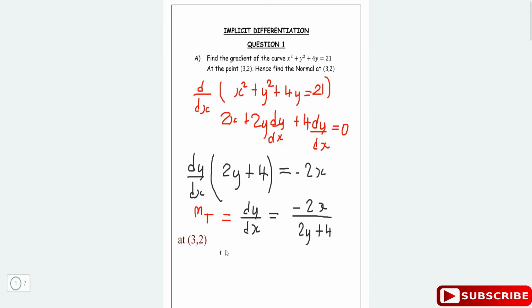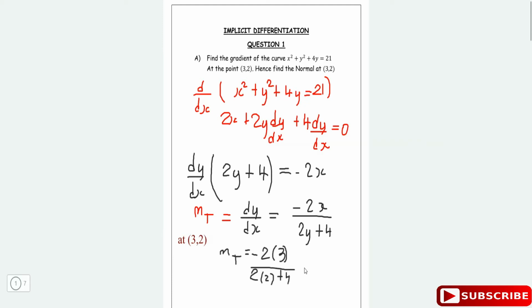So the gradient of the tangent, dy by dx, is equal to minus 2 times 3 over 2 times 2 plus 4.